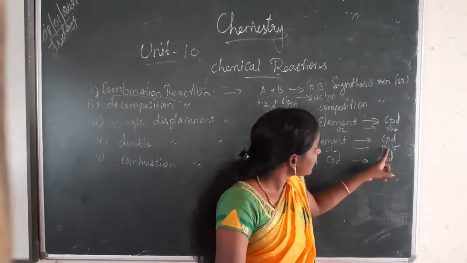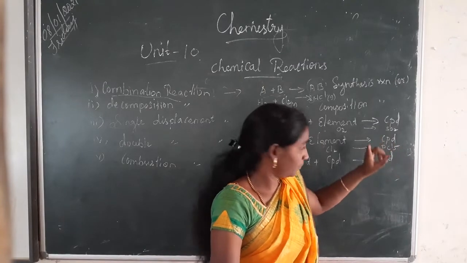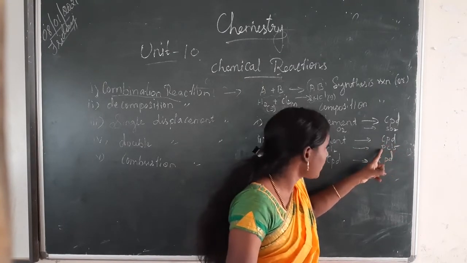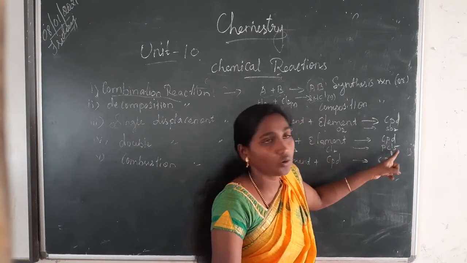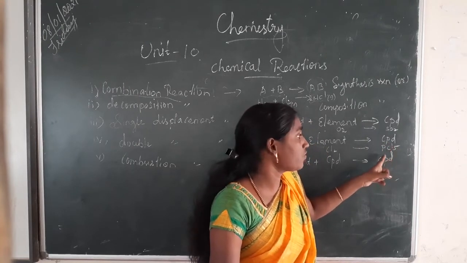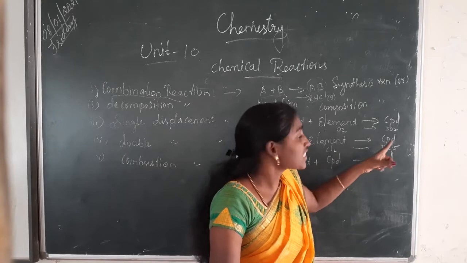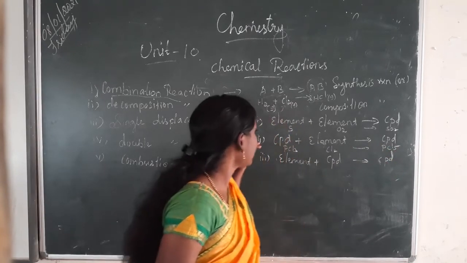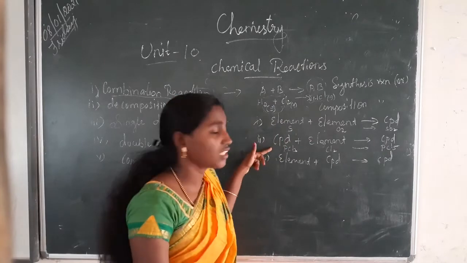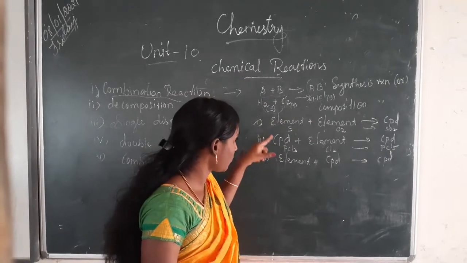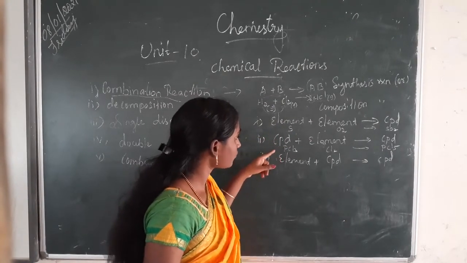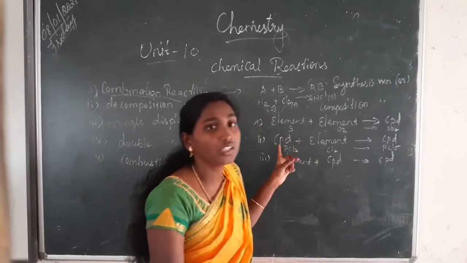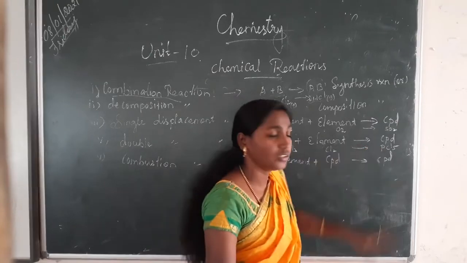So P means phosphorus, then chlorine, and 5, so we take it as phosphorus pentachloride. Have you understood? This is the second type of combination reaction, where one element combines with a compound to form a new compound.